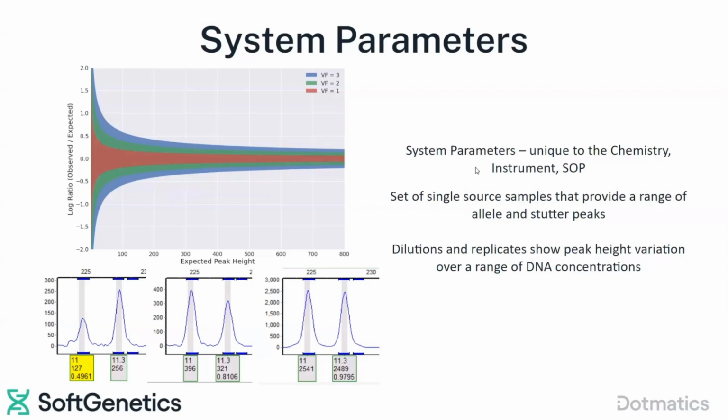And pointing out that the system parameters are unique to the chemistry, the instrument, and the SOP. So if the chemistry or the instrument or the process used to produce the FSA files changes, then you would want to look at your system parameter files again to make sure that things are still accurately giving a picture to the software of what to expect in terms of variation in single source samples.